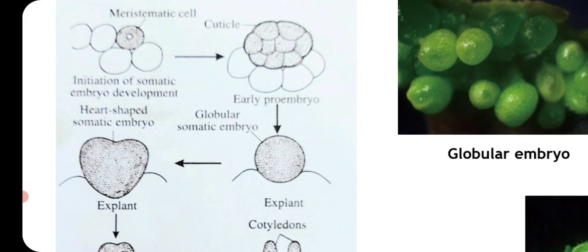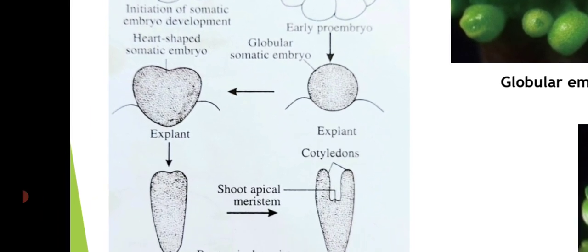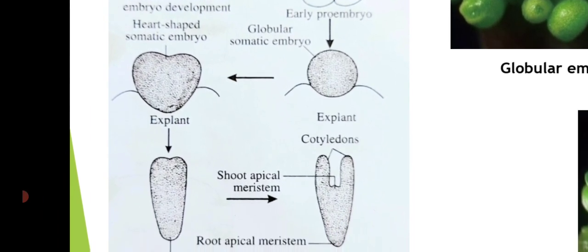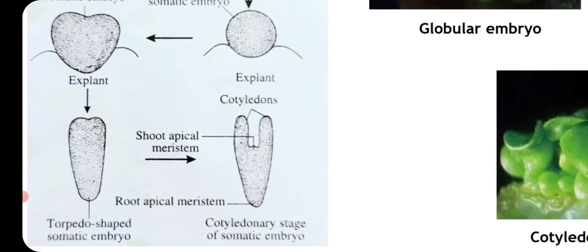Then it will turn into a globular stage, and it is very fast in absorbing the nutrients from the medium. It will undergo continuous cell division and form a heart-shaped embryo, then torpedo, then cotyledonary stage, without an intervening callus stage.